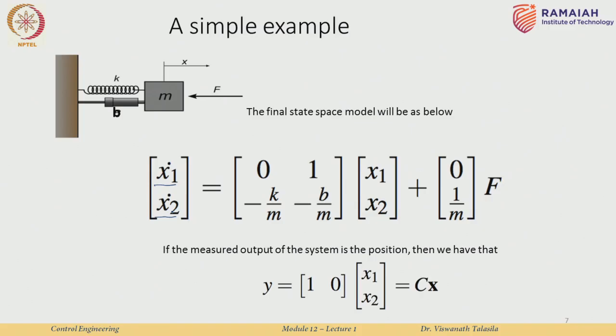So, if we recall the basic second order differential equation, we had m d square x by dt square plus b dx by dt plus kx, which equals f. Now, what I am going to do is to introduce a new choice of variables.